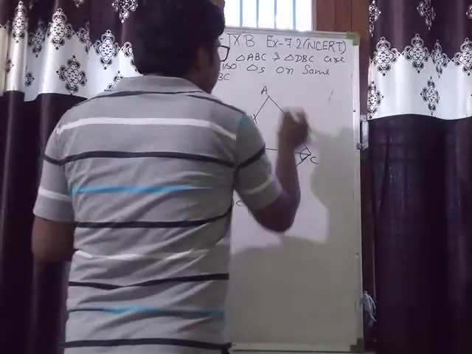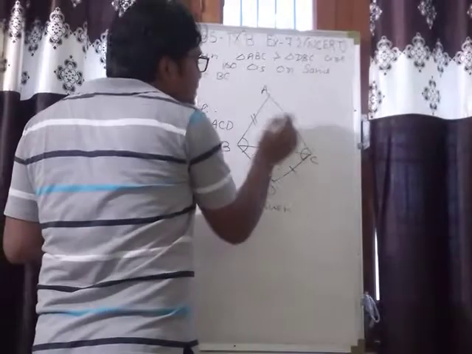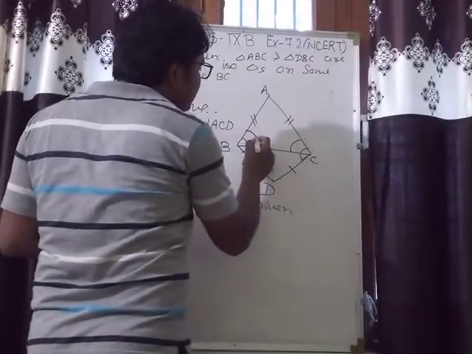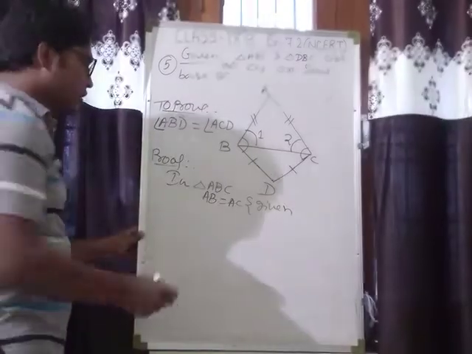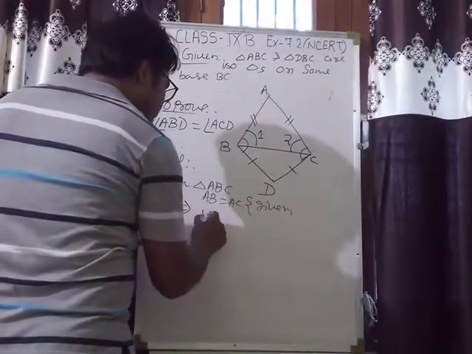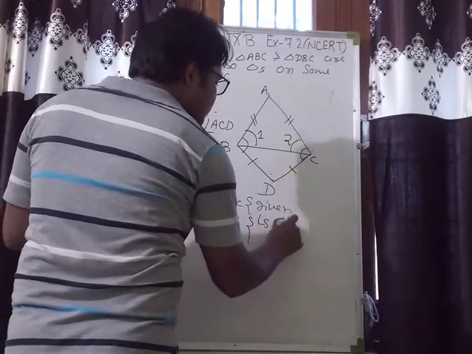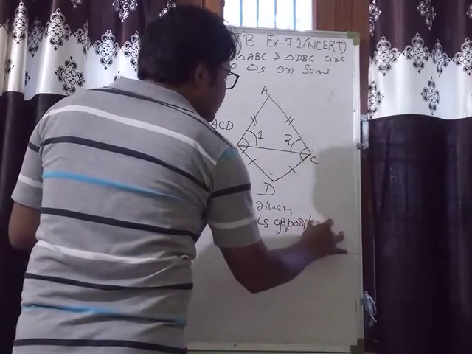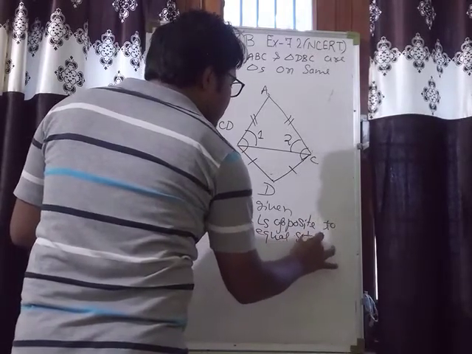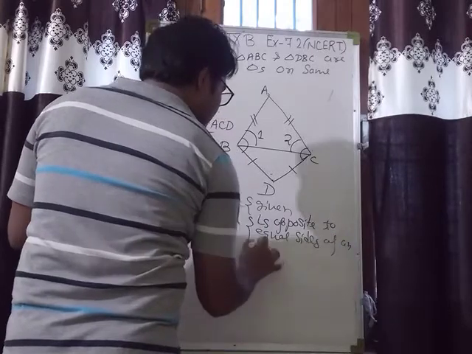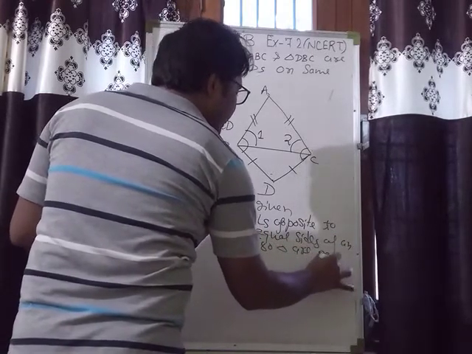Clearly in this triangle ABC, because AB and AC are equal, the angles opposite to them, suppose this is angle 1 and this is angle 2, will be equal. Clearly angle 1 equal to angle 2. What is the reason? Angles opposite to equal sides of an isosceles triangle are equal.